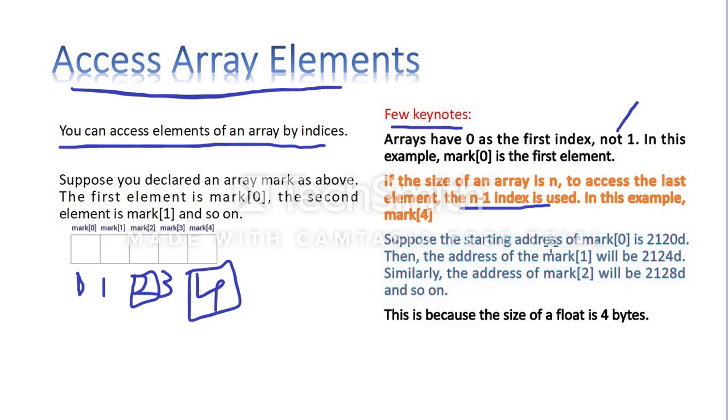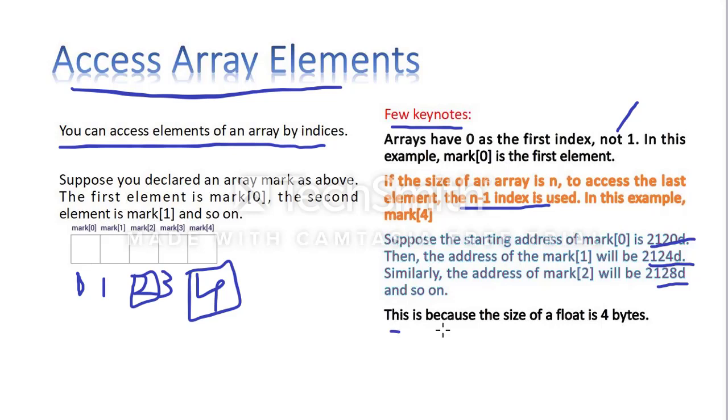Suppose the starting address of mark 0 is 220, then 224, then 228. Why is it increasing by 4 bytes? Because it is a floating point type, and each float has a data size of 4 bytes, so the difference between each and every address is 4. Each element is stored at an index value, and each index also has an address in your memory location.